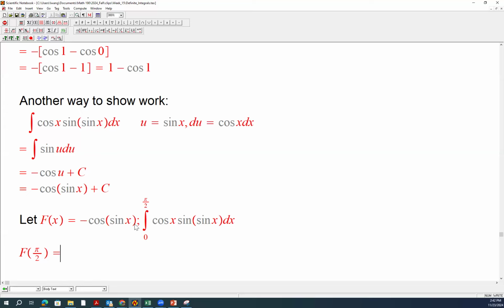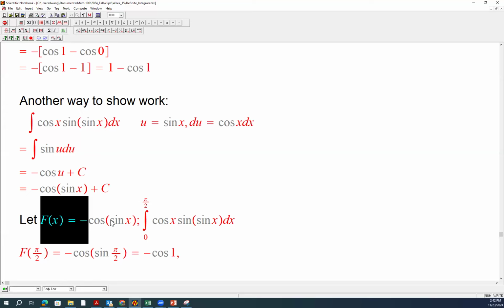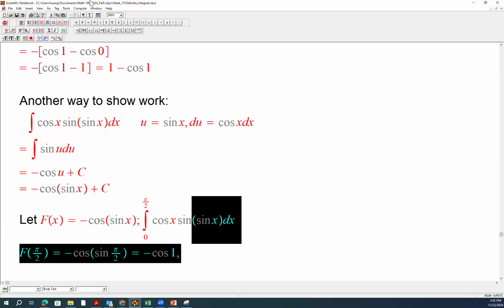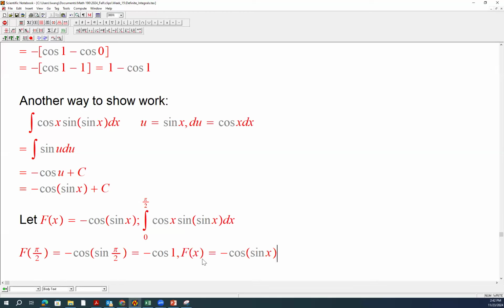Plug in this function with x equals pi over 2. Boom. Of course, this equals negative cosine 1. And the next one is capital F of 0. Capital F of 0 equals negative cosine 0, which equals negative 1.